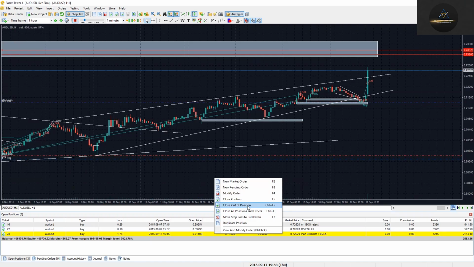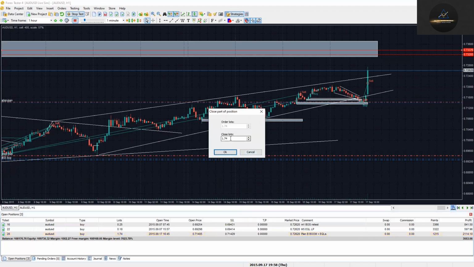We need to double check as well if we've hit the 30 active trading days, which I doubt we have. So we need to just keep going. We're not past the full evaluation. So let's close some of this. Let's close 0.74.